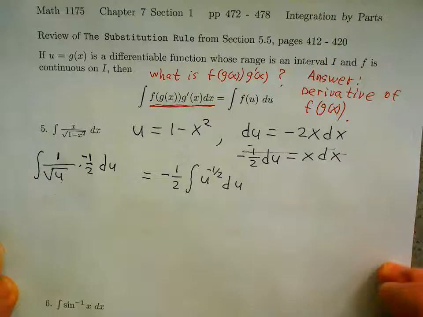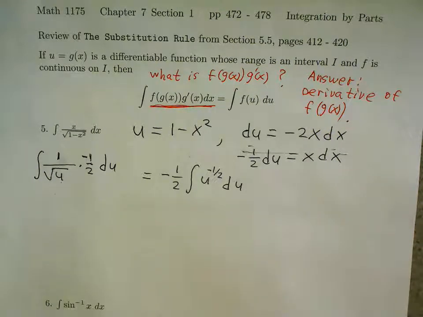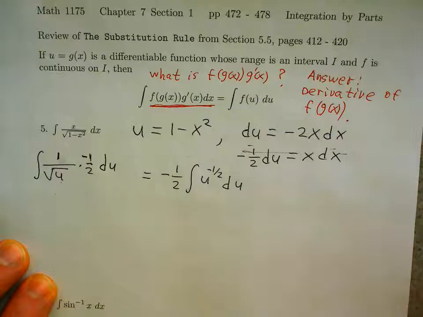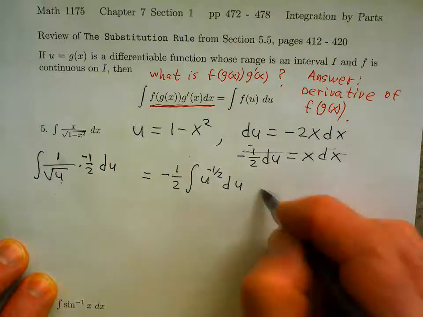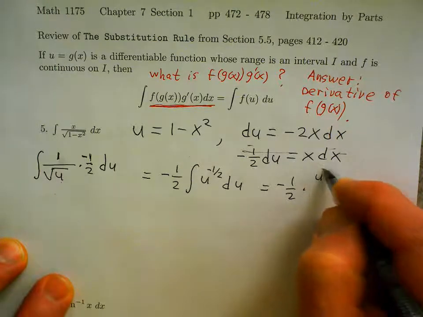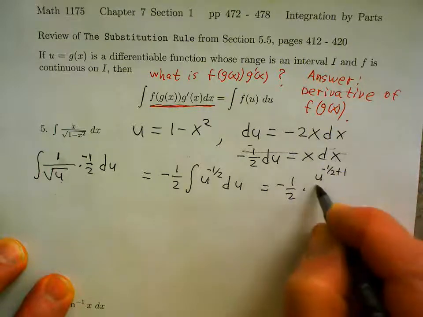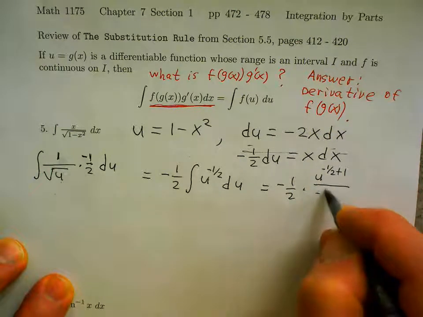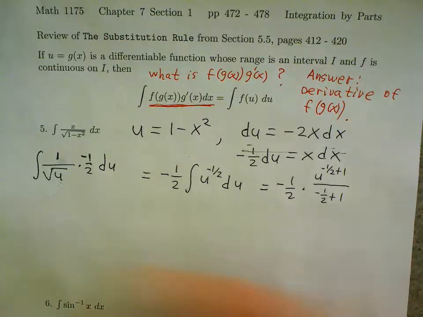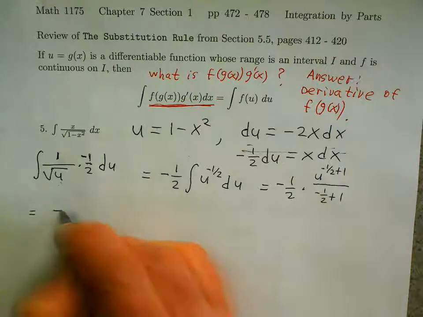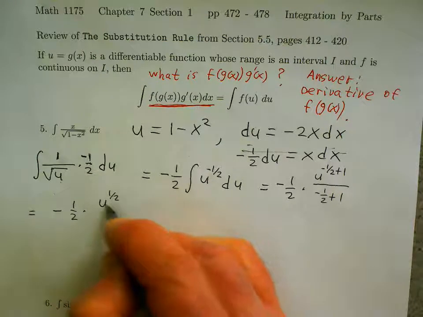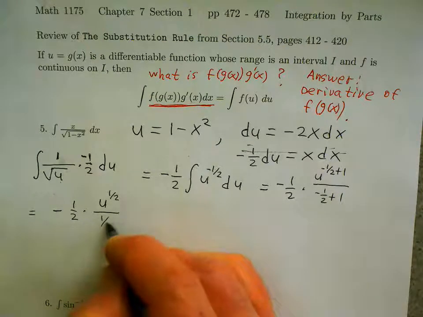Okay, are we all up to speed so far? We know how to find an antiderivative of u to the negative 1/2. So we have negative 1/2 times u to the negative 1/2 plus 1 divided by negative 1/2 plus 1. And so we get negative 1/2 times u to the 1/2 divided by 1/2.